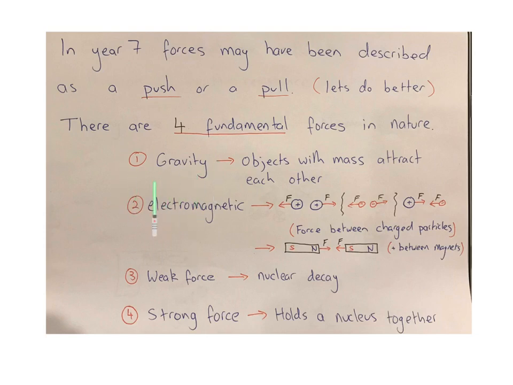The first one, gravity. Now, objects with mass, so a property that we give matter, mass, objects with mass attract each other. So the moon is attracted to the sun, and you are attracted to your cat because you both have mass. Now, gravity is a very, very important force on the scale of the universe.